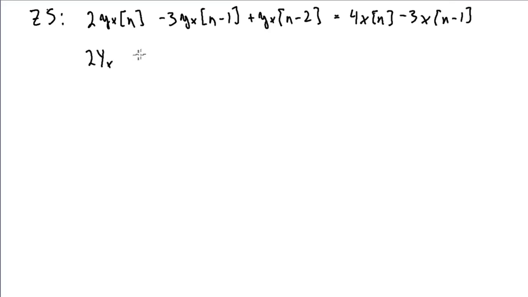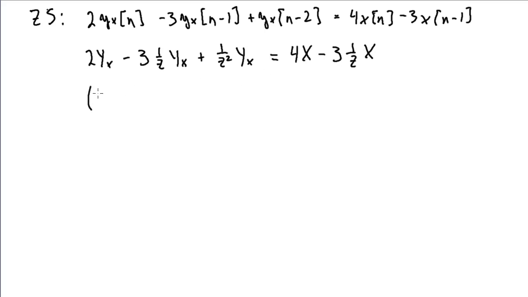I'm going to leave off the parenthesis z notation, minus 3, 1 over z, y of x, plus 1 over z squared because of the delay by 2. Again, leaving off the initial conditions, they're all 0 in this part of the problem because we handled those previously. This becomes 4, the z transform of x, minus 3 times 1 over z times the z transform of x.